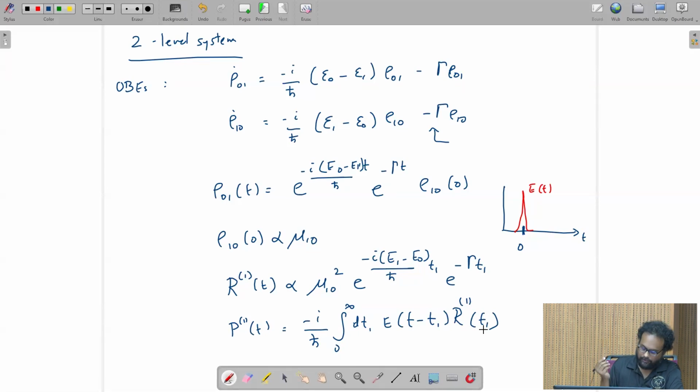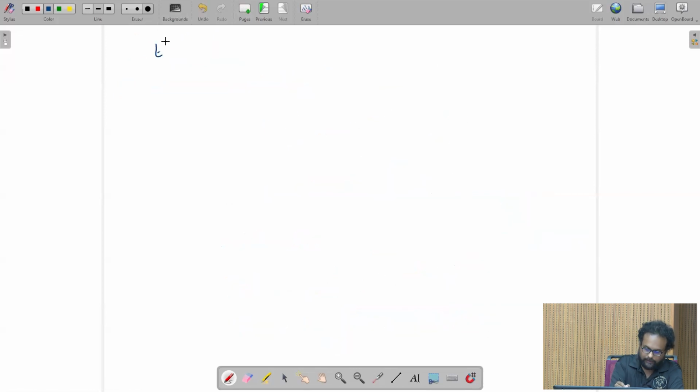Right? So now if I consider a situation where my E of t is E naught of t, e to the power minus i omega t plus e to the power i omega t. Let's say omega is resonant, so we are going exactly on top of the resonance.